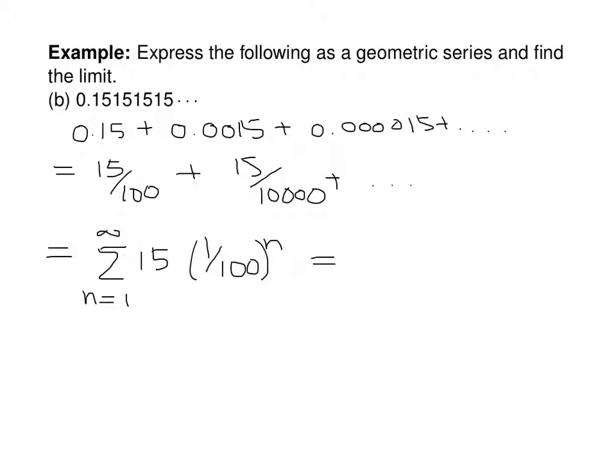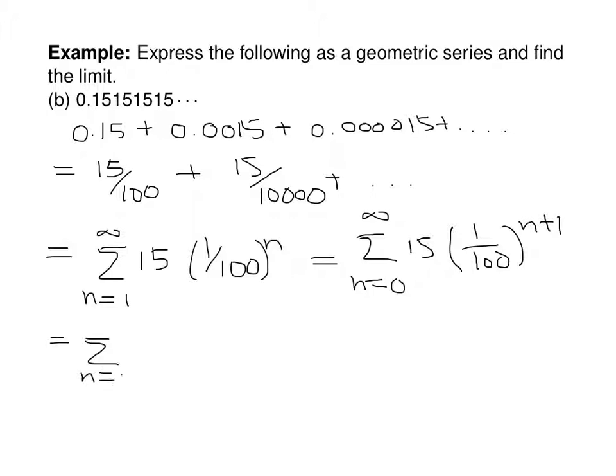Now let's just change that so it sums from 0. 15 times 1 over 100 to the n plus 1. So in the end we'll have n equals 0 to infinity, 15 over 100 times 1 over 100 to the n.